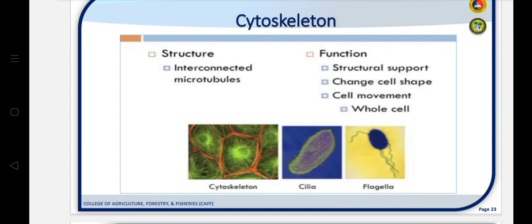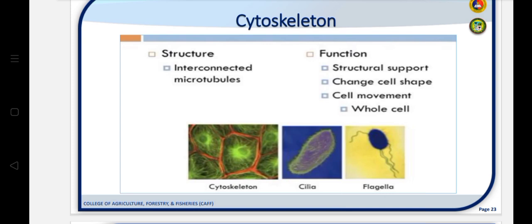Then we have the terms cilia and flagella. Cilia, as we can see in the picture, have tiny hair-like projections, and flagella have a whip-like tail.